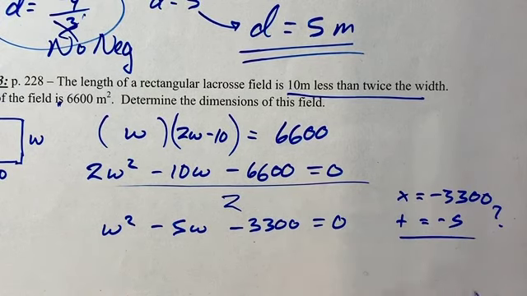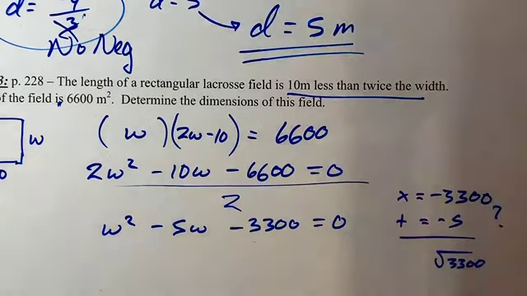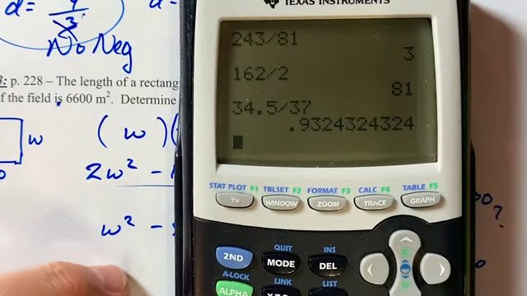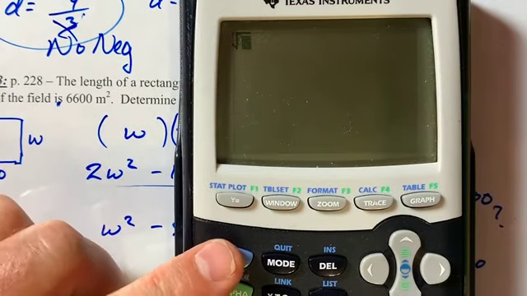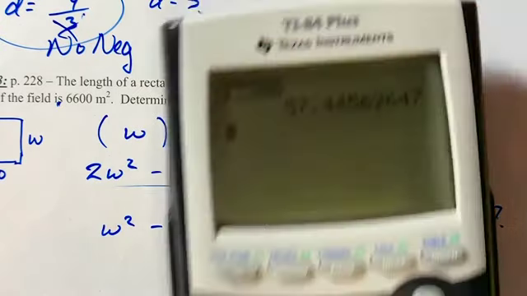Yikes. You know what? If you're smart, start at the square root of 3,300. What's the square root of 3,300? Where's my calculator? Let's try this. Ooh, is it going to work? Square root of 3,300 is like 57. I want to start guessing around 57.